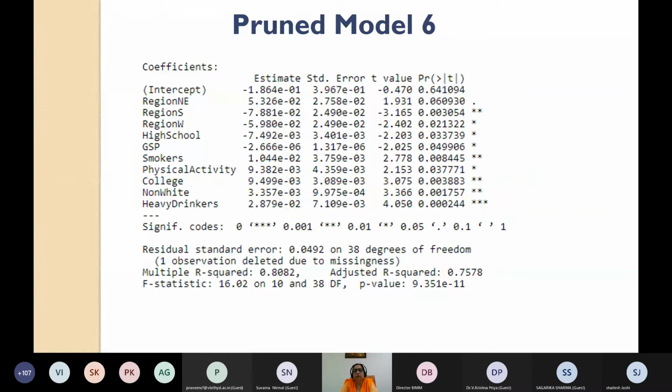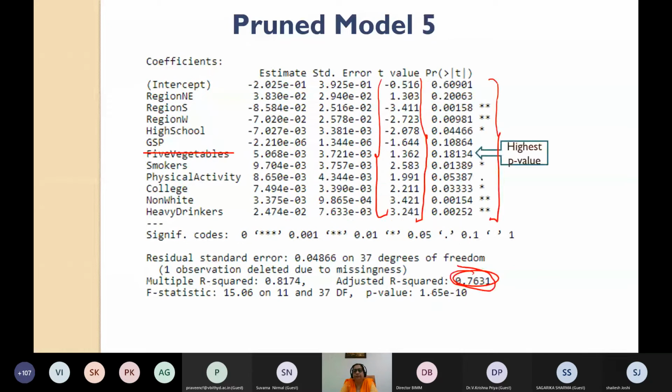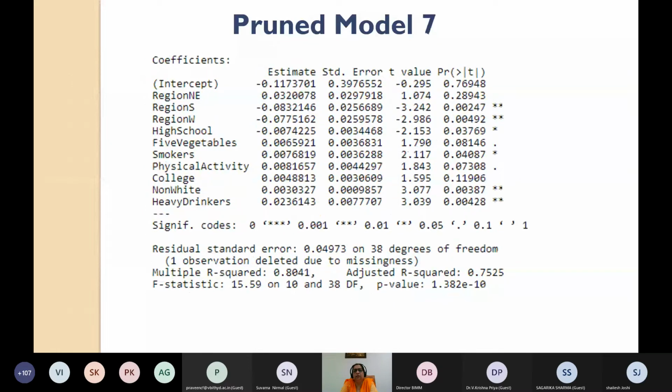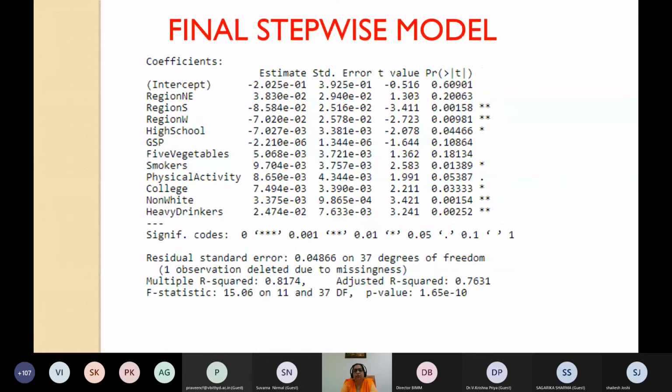So this is your model. Again it has reduced. So this becomes your final model wherein these parameters are impacting the independent variable. So this way you go for identifying the variables which impact.